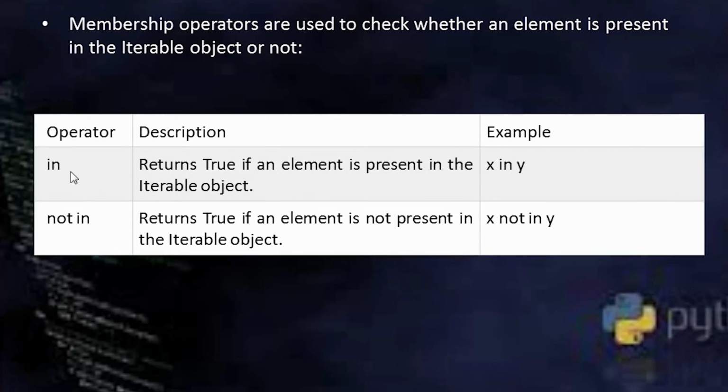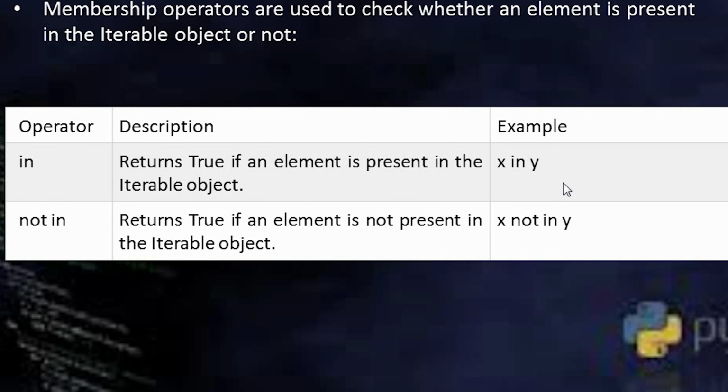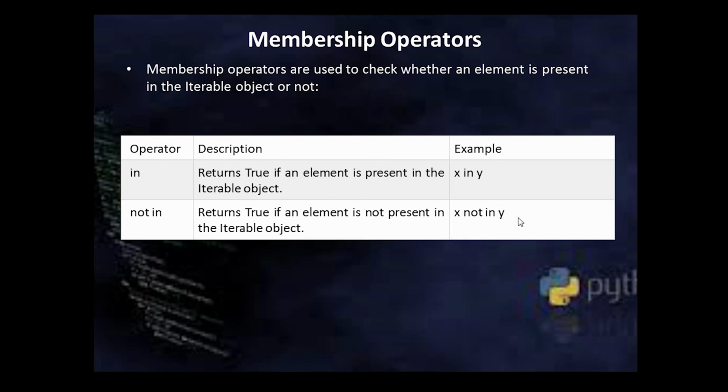Now the operator is in, and the example I have shown, x in y. So if x is an element of that iterable object y, it will return true. Similarly, not in. If x is not in this iterable object y, it will return true. Just an illustration.